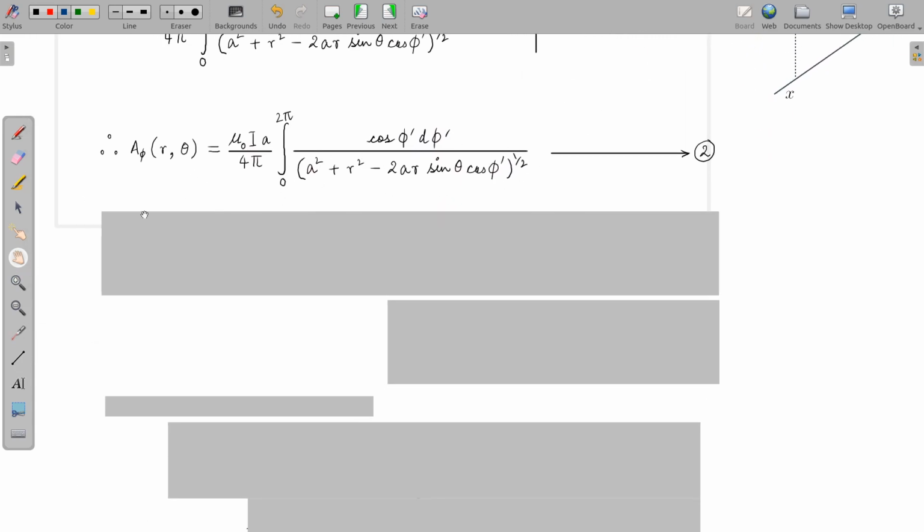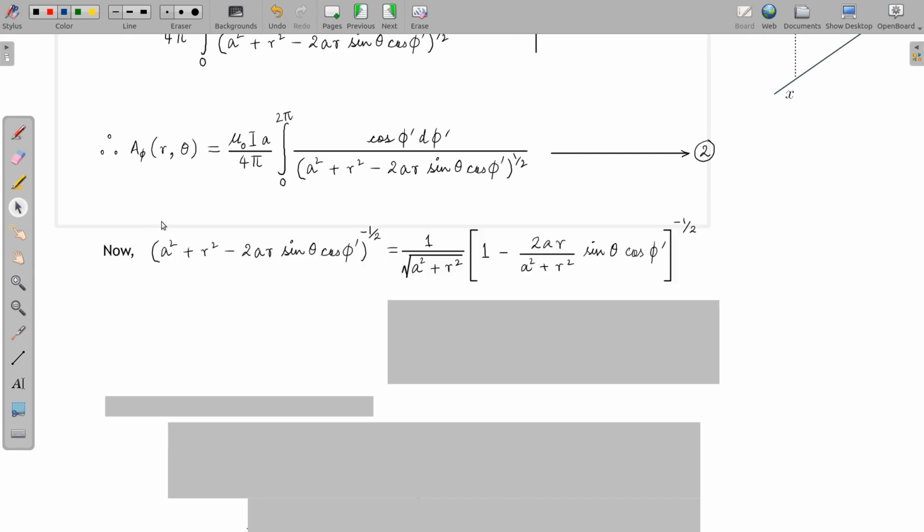Here we would like to simplify this a little bit more. So we take the quantity in the denominator: a square plus r square minus twice a r sine theta cos phi prime, to the power 1 by 2, which when we take it up becomes to the power minus 1 by 2. Then I take a square plus r square outside, so it becomes 1 by under root a square plus r square, and the entire thing has to be divided by a square plus r square.